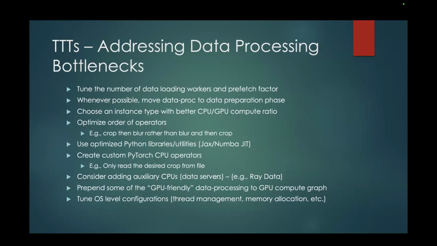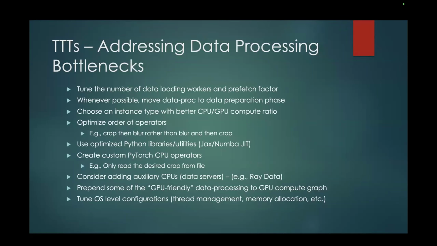Regarding data processing bottlenecks, obviously you want to tune the number of data loading workers. You don't want too many, so that there isn't too much thrashing. On the other hand, you do want to take the most advantage of your CPU cores. Whenever possible, you want to move data pre-processing to the data preparation phase and leave for the last mile only those data manipulations that you need to.